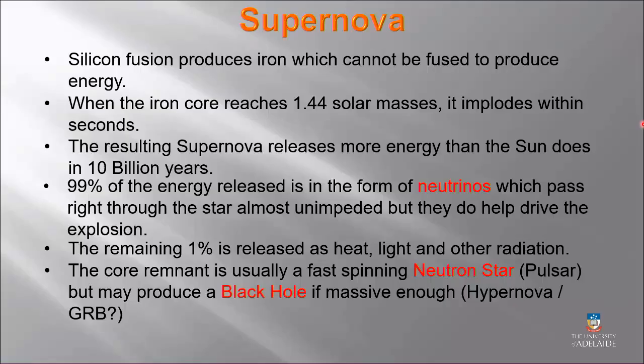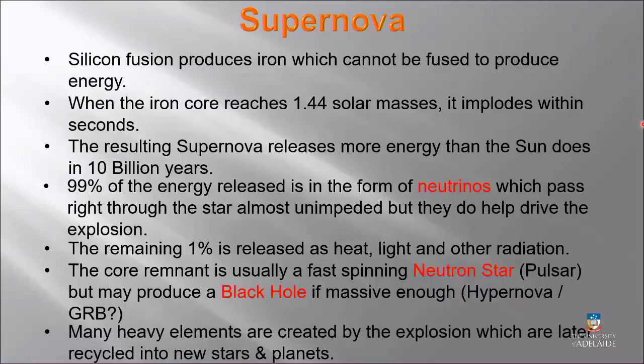So when a supernova goes off, it can be brighter than the whole host galaxy of all 400 or 500 billion stars combined. It can outshine all those for about a week or two. And many heavy elements are created by the explosion, which are later recycled into new stars and planets.